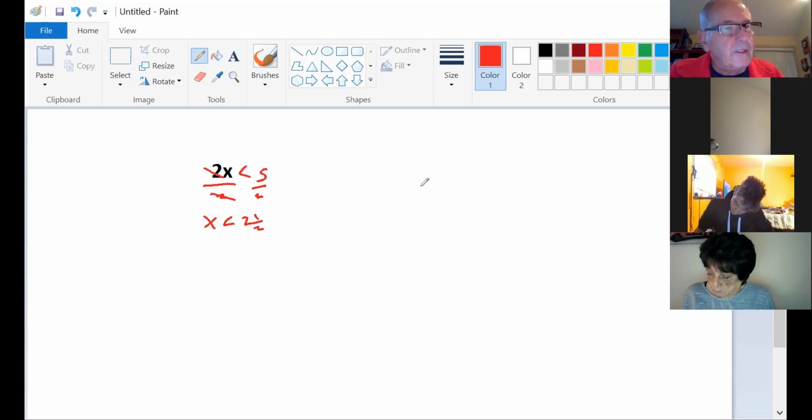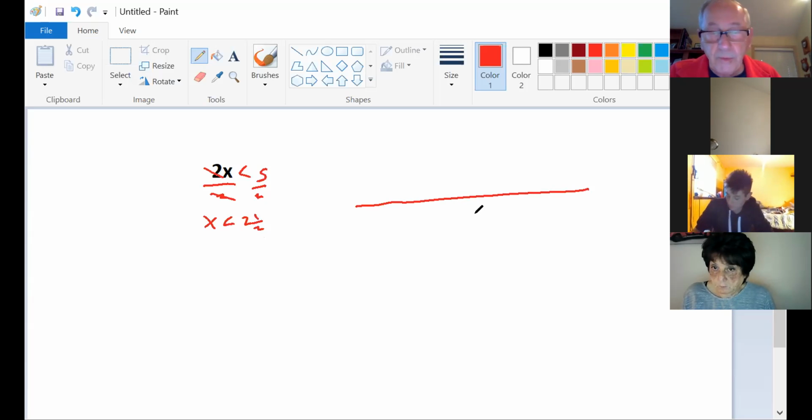And I say, okay, put this on a number line, graph this. What does that mean? You've got a number line, like a straight line, and you know where 0 is someplace along here. When I say x is less than 2.5, you'd go over to 2.5, which is right here on this number line.